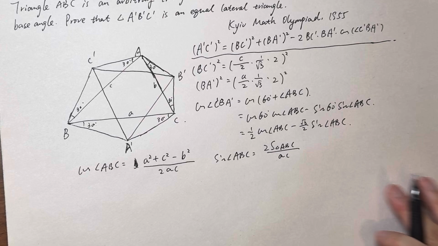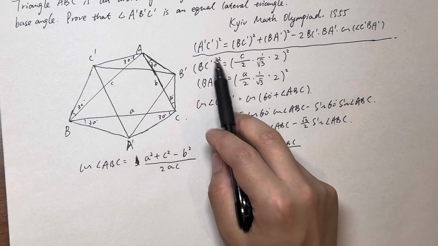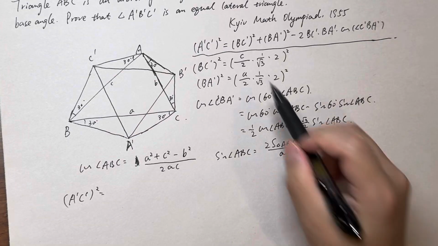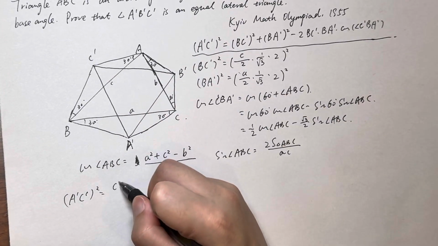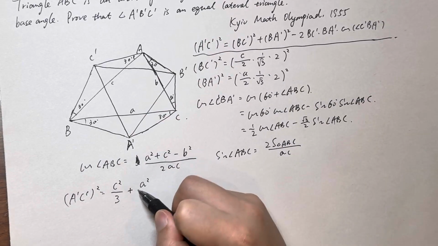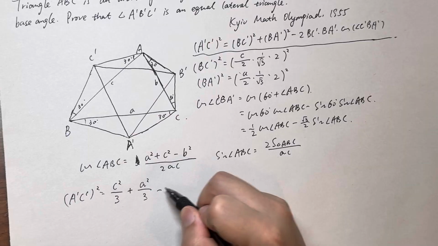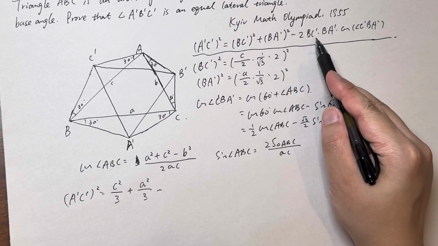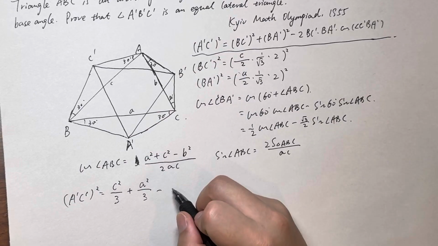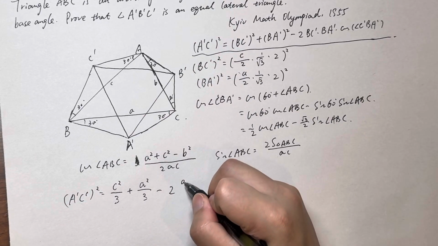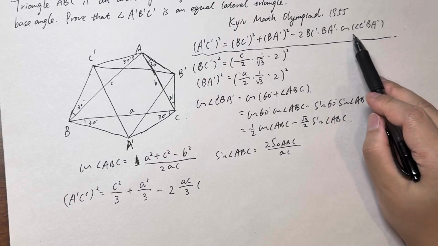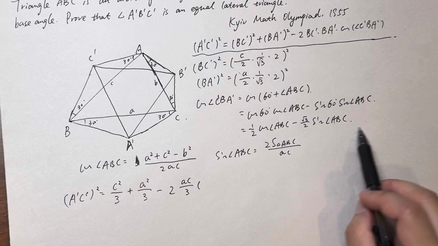Then we have A prime C prime squared equals this one, which is c squared divided by 3, plus this square, that's a squared divided by 3, and minus twice BC prime times BA prime, which is twice ac divided by 3, and times cosine angle C prime BA prime, which is this one.